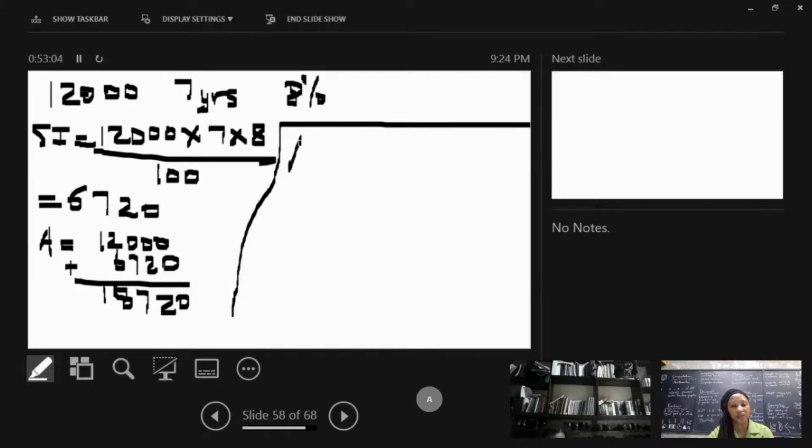So the amount for the compound interest would be 12,000 times bracket 1 plus the 8%, which is 0.08. So it's 1.08. 1 plus the 8% is 1.08, right?